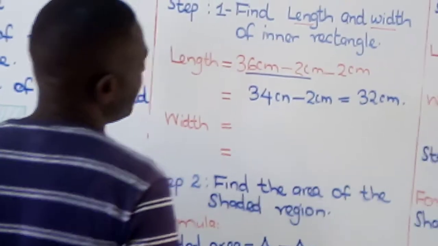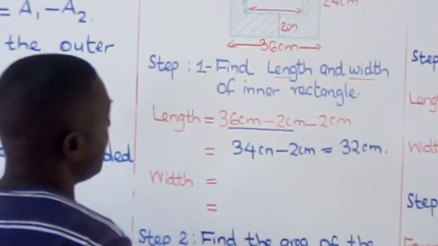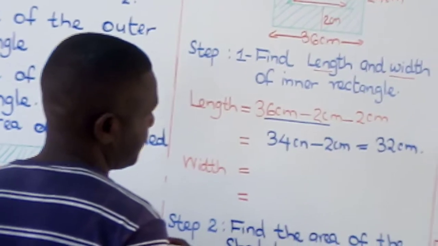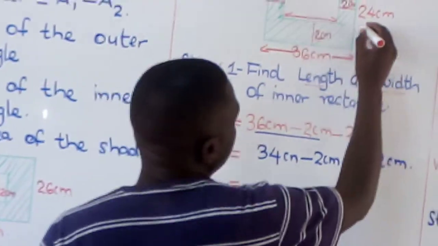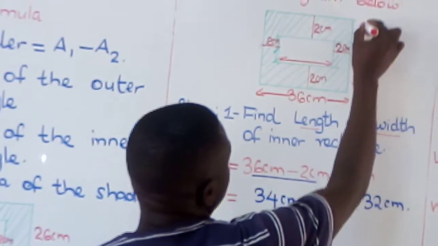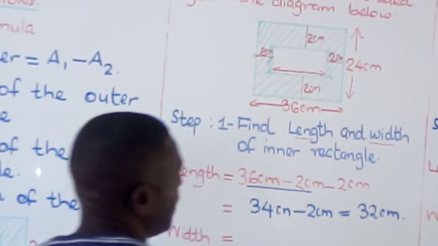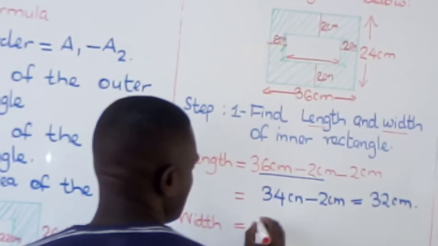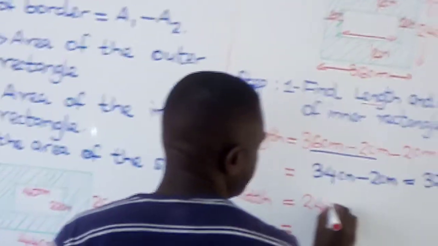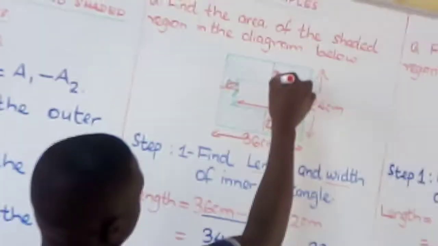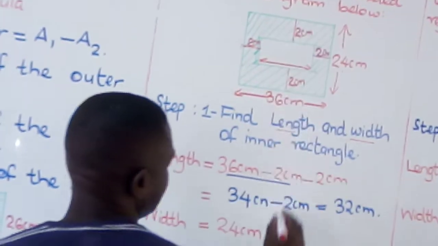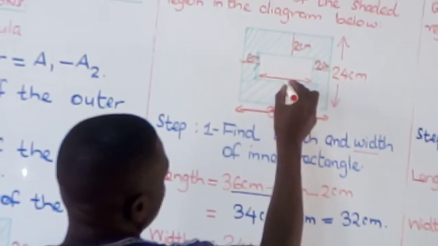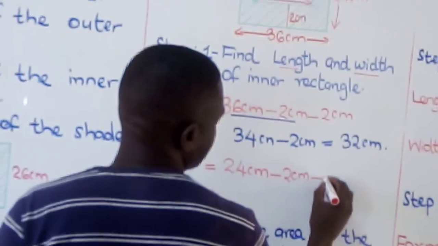Now, we come and find the width of the inner rectangle. We will use the width of the outer rectangle just like we used the length of the outer rectangle. So we will take this width, 24 centimeters, and subtract that 2 centimeters, the margin, and subtract this other 2 centimeters.